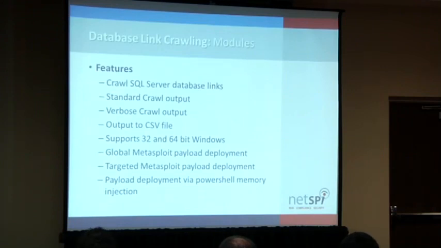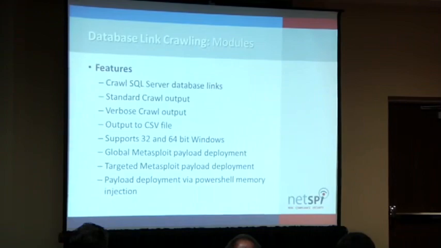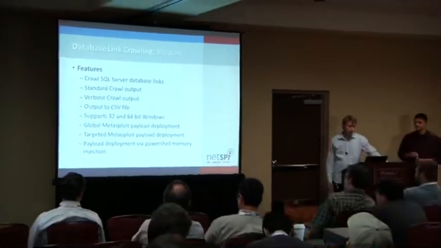The payload deployment: you can choose any payload you want. You can tell the module to deploy a payload only on certain servers. So if you have a link tree that has hundreds of databases, you can just say deploy on these 4 and just test all the other ones.